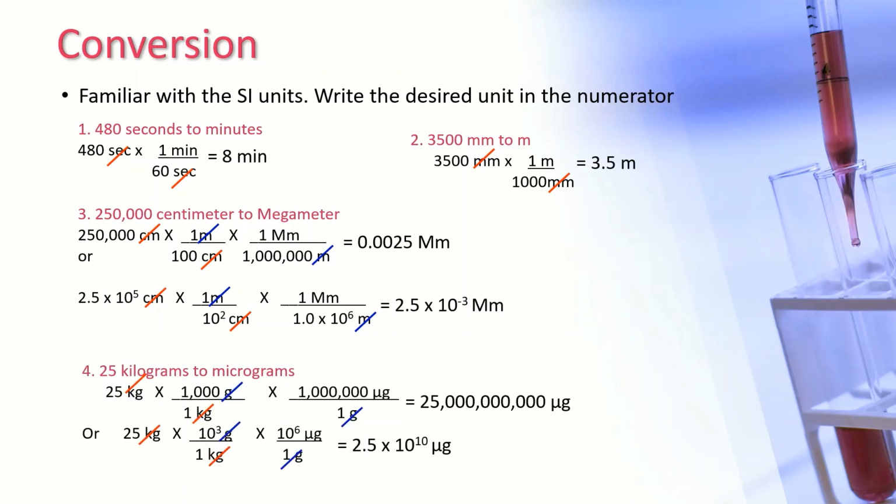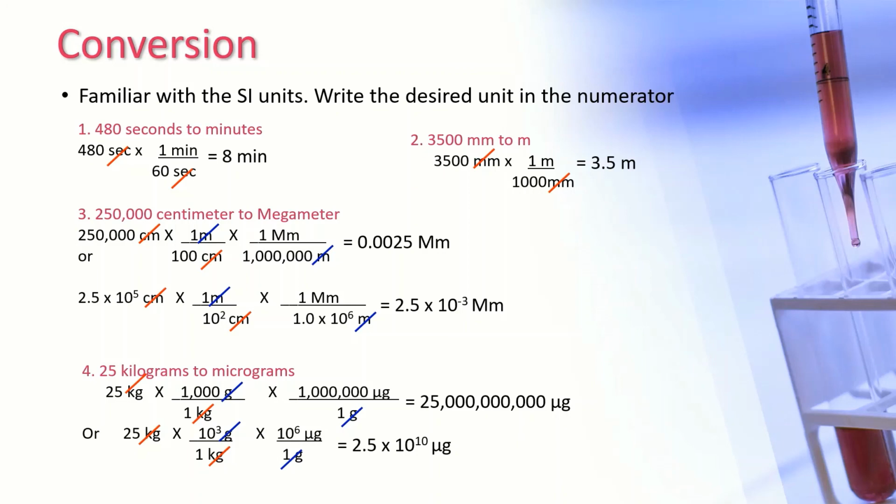Now we go to the fourth example, converting 25 kilograms to micrograms. Just like the third example, you need to have 2 conversions before you arrive at the desired unit. Okay, you have to remember that there are 1,000 grams in 1 kilogram and 1 million micrograms in 1 gram.